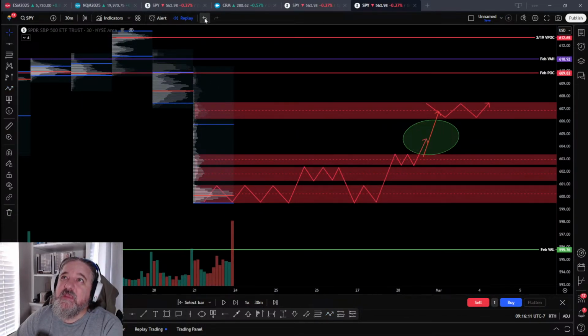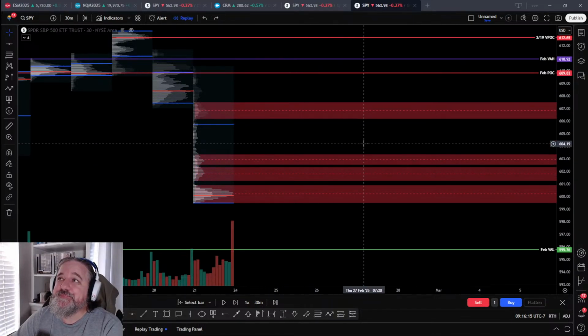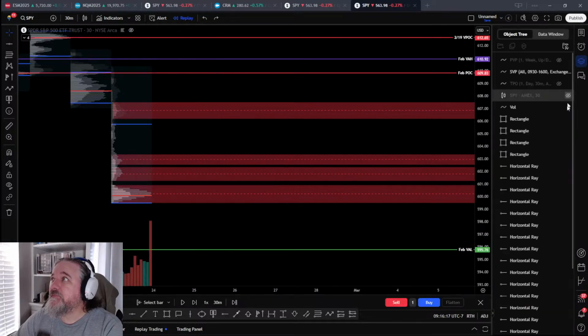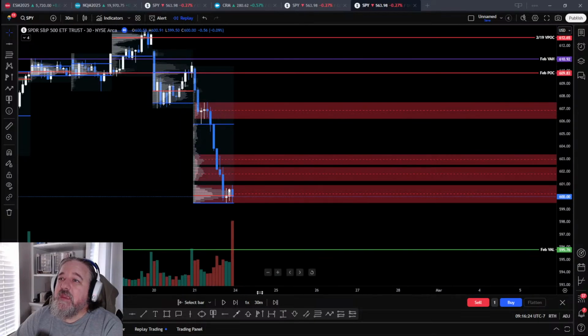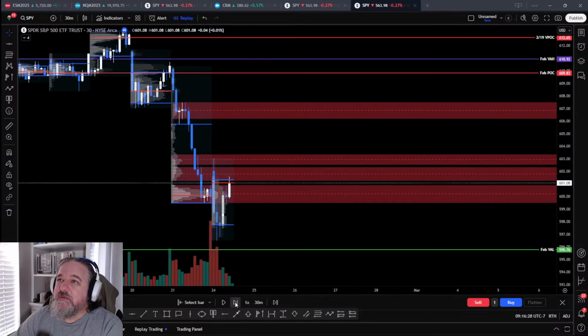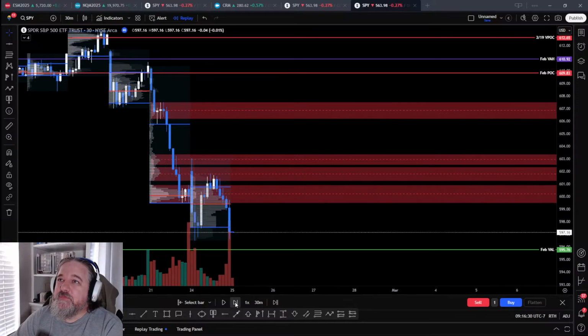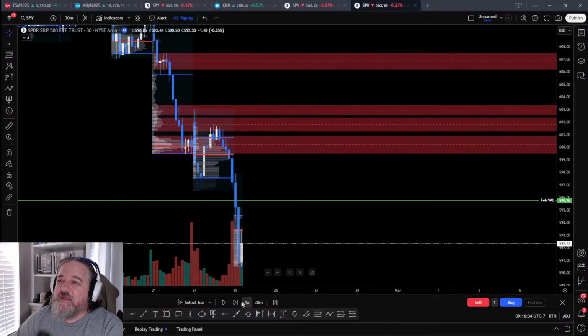So this is how you want to look at volume profile. If we turn our candlesticks back on, oops, went one too far, and we move forward on this replay here. I don't know that price comes back up to here.